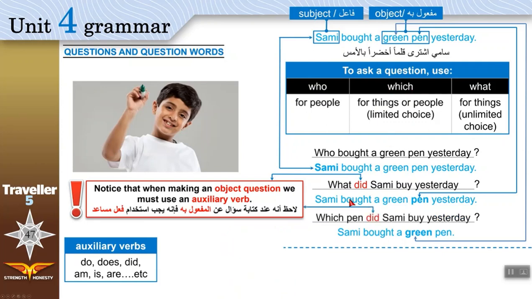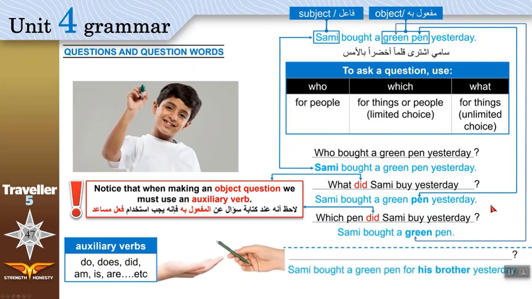Use which: which pen did Sammy buy yesterday? Did he buy the blue one, the green one, the red one? The choice is limited. Do you understand?